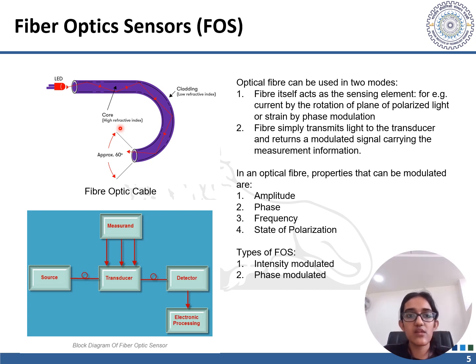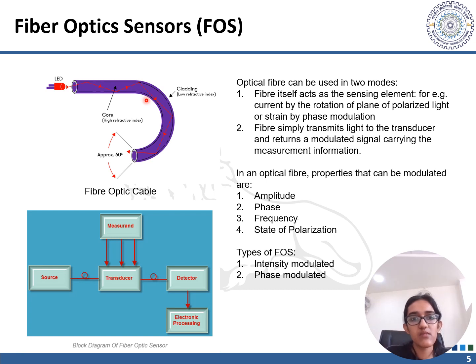So using the phenomenon of total internal reflection, light incident from one end will reflect completely and will go on reflecting until it reaches the end. So this is how light is transmitted. And because it's total internal reflection, 100% reflection occurs, so there is no loss of light. That is one of the major advantages of fiber optic cable.